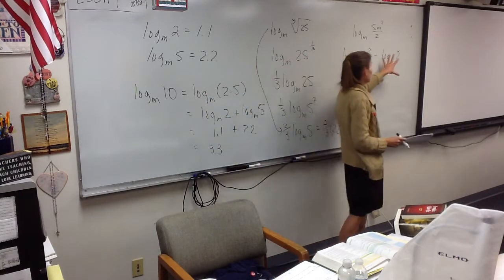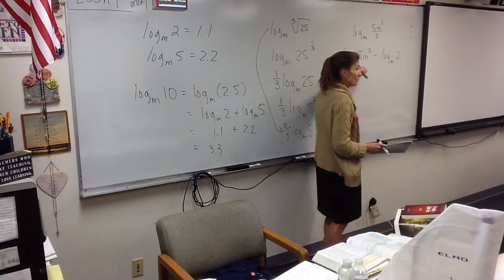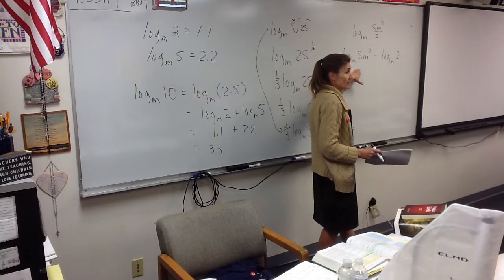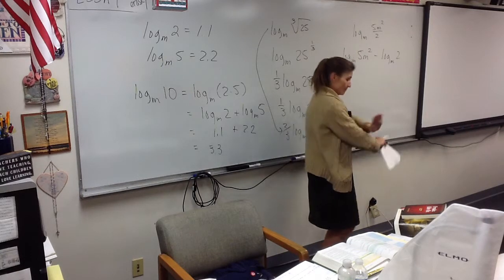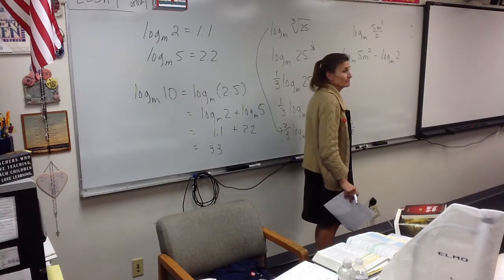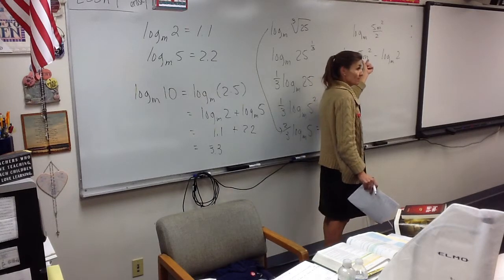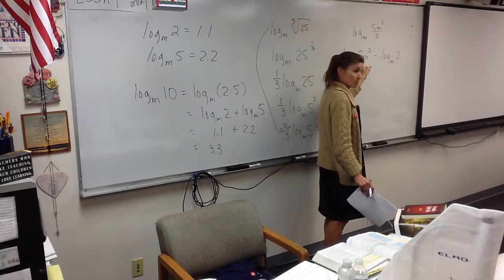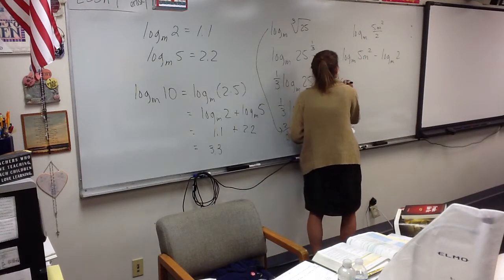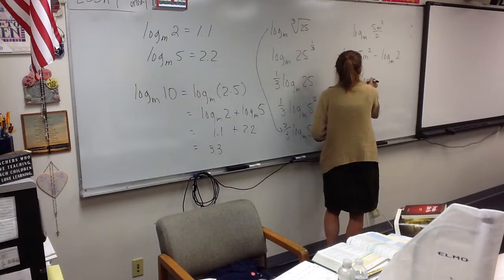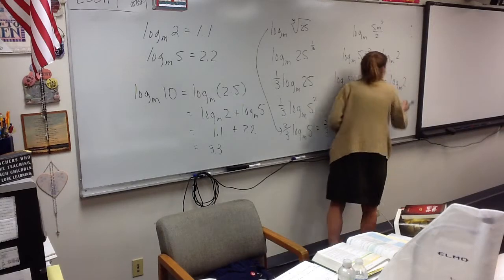Now, I think this one's pretty much done, right? This one has a little more work to do. Can that 2 come out in front? No. Why not? Because it's only with the m. So maybe we ought to split those. Multiplication, so we can actually split that into addition. So it would be the log of 5 plus the log of m squared minus the log of 2.